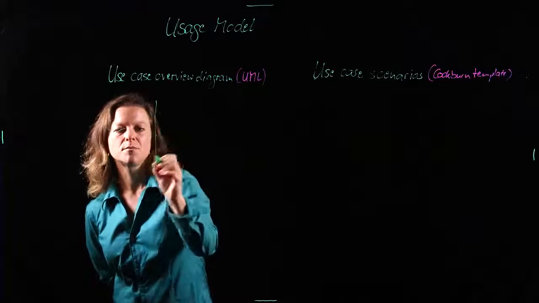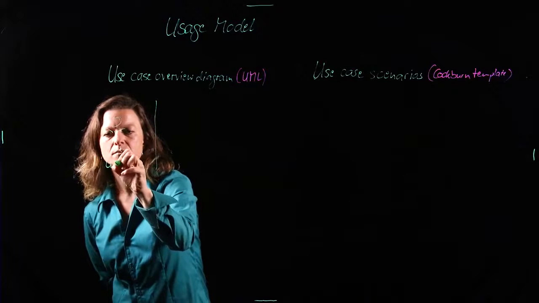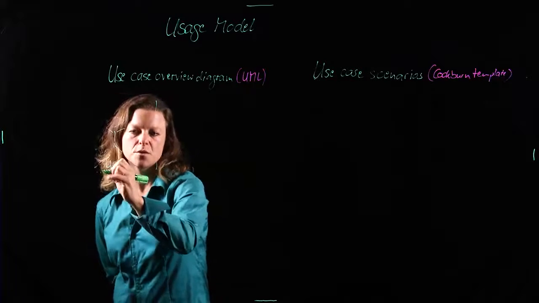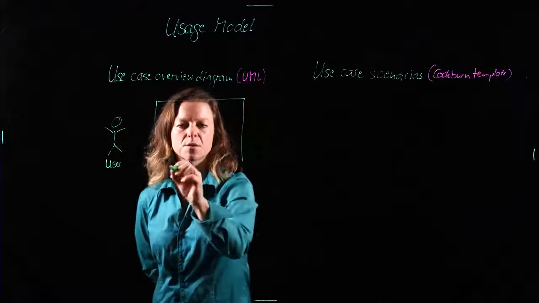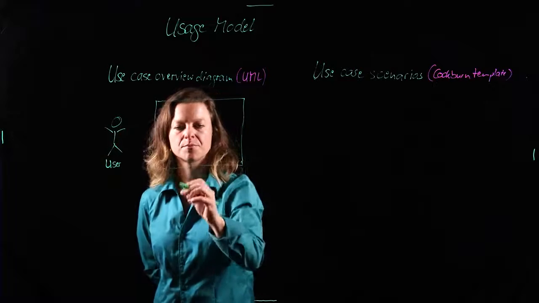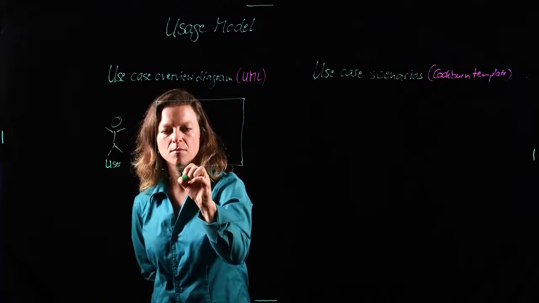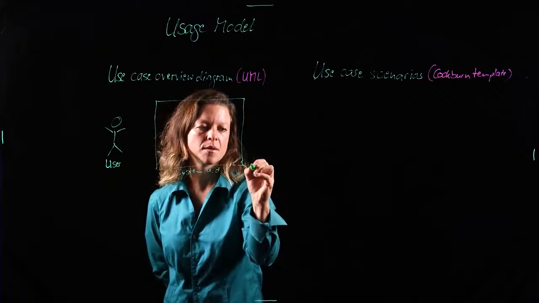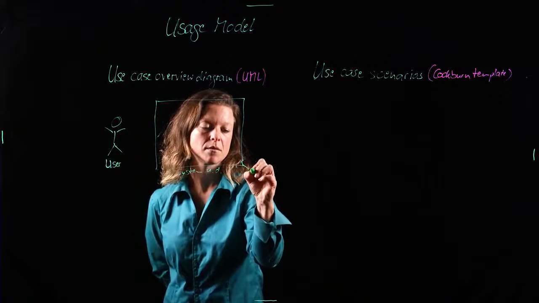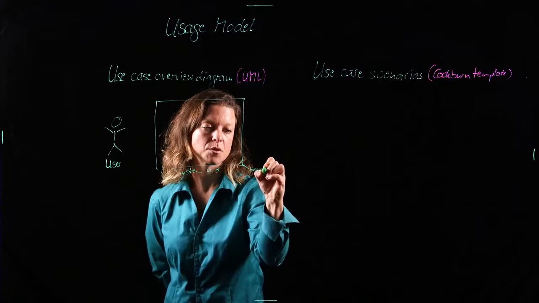We have a user. And this user is representative for a user group. We have the system boundary. System under development. This boundary is the system scope.